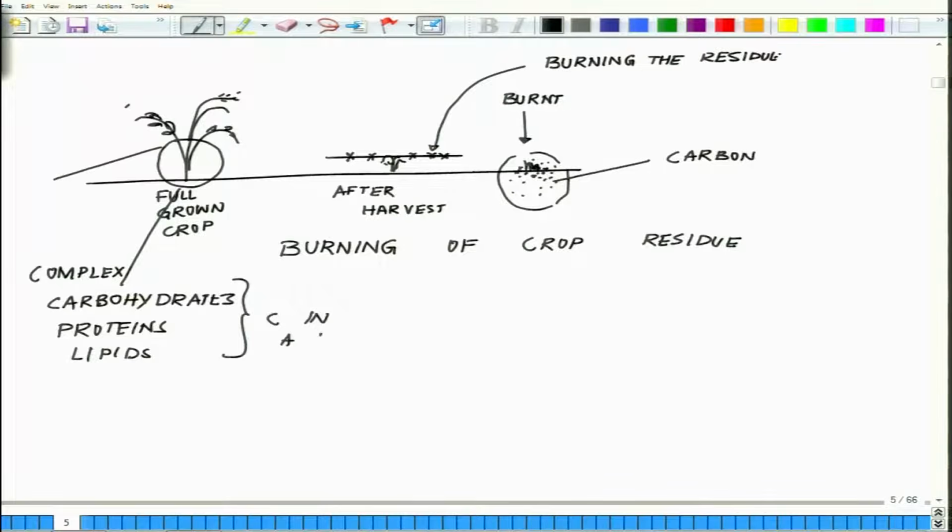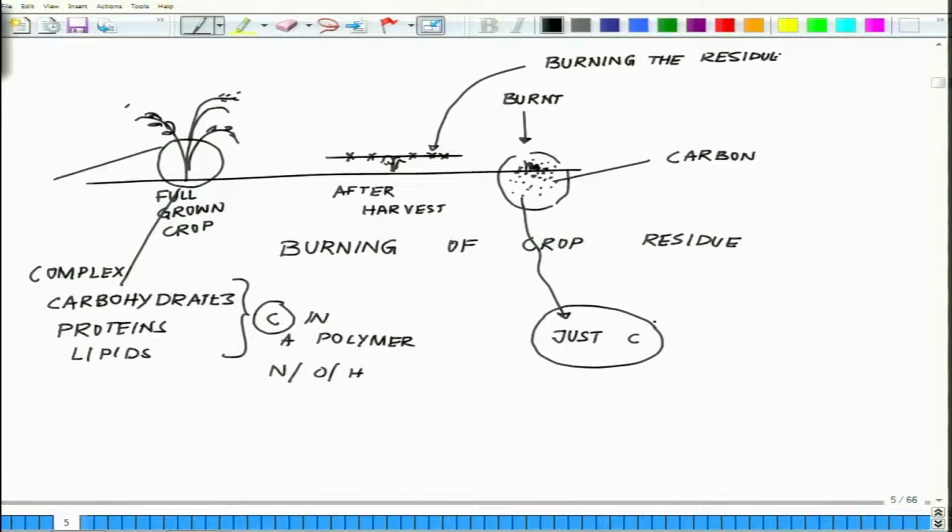Carbon in a polymer, or of course there are other atoms with it, including nitrogen, oxygen, hydrogen and all, but since we are talking about carbon, so we'll just stress upon carbon here. So once you burn, what you are having is just carbon. So what has happened in terms of size, here carbon was at a much bigger moiety in the form of a polymer. Here size has gone down.